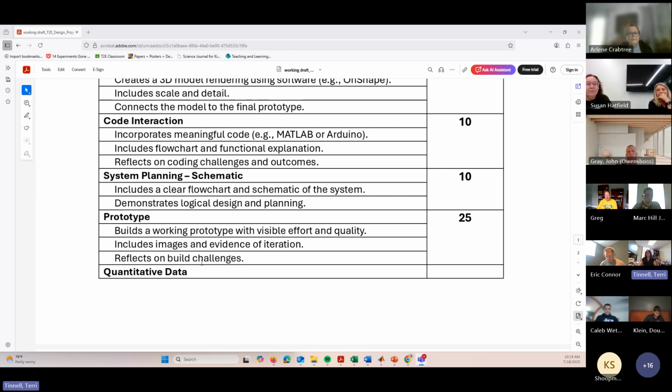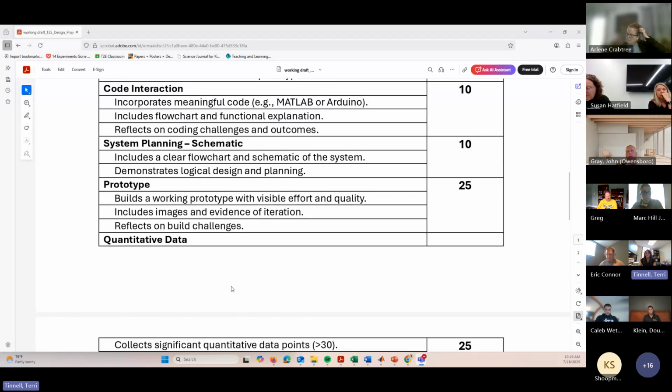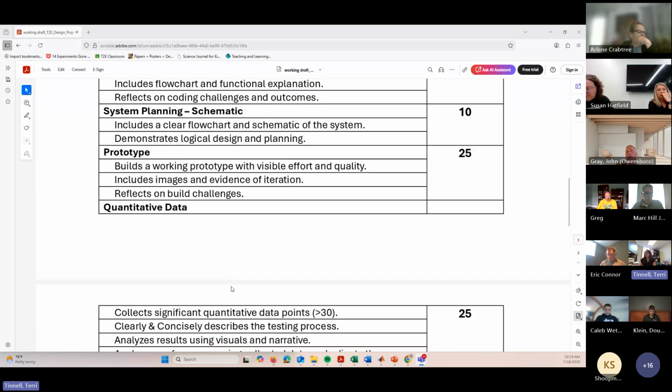Taking data that they determine that they need to then inform their design decisions going forward is really an engineering skill that we're looking to see that they've developed some through this project. So each one of these lines underneath the headings is intended to just expand upon what that means, not necessarily a checklist.